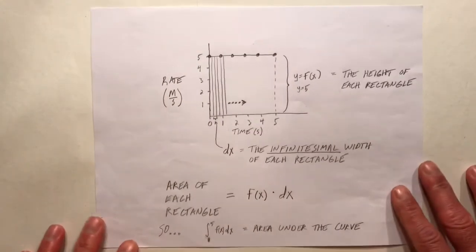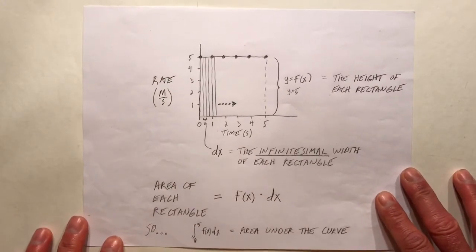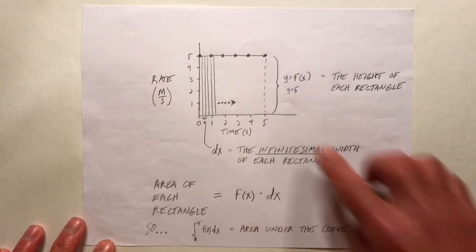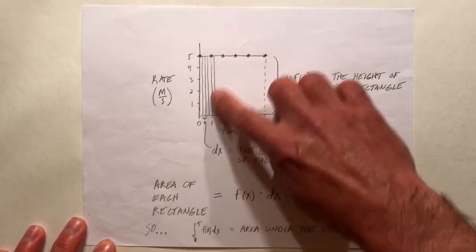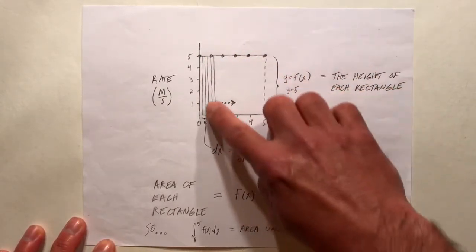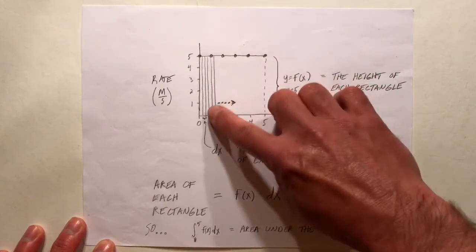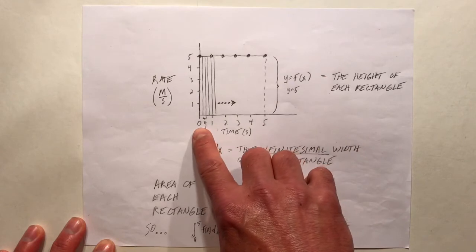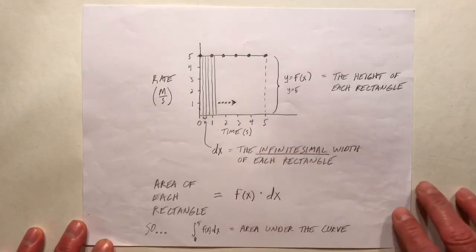So what we can say then, looking at that graph here, if we have rate versus time, we could divide this space under the curve into an infinite number of rectangles, going from 0 all the way to 5, a lower limit of starting at 0, an upper limit of ending at 5.